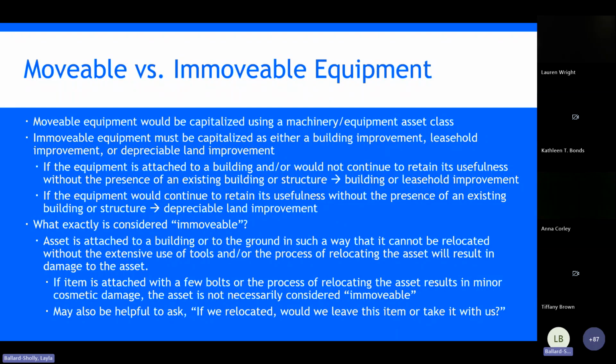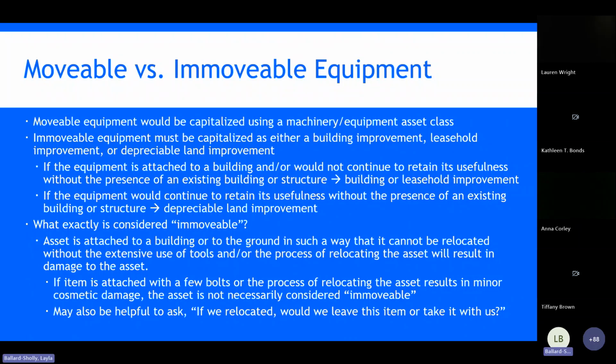So, if you have something that's attached with some bolts or screws, you just need to unscrew it. Maybe there's a little glue, but taking it away from the wall or whatever, again, it does take some work to move it, but it's not difficult and doesn't create any damage to the asset other than something cosmetic.